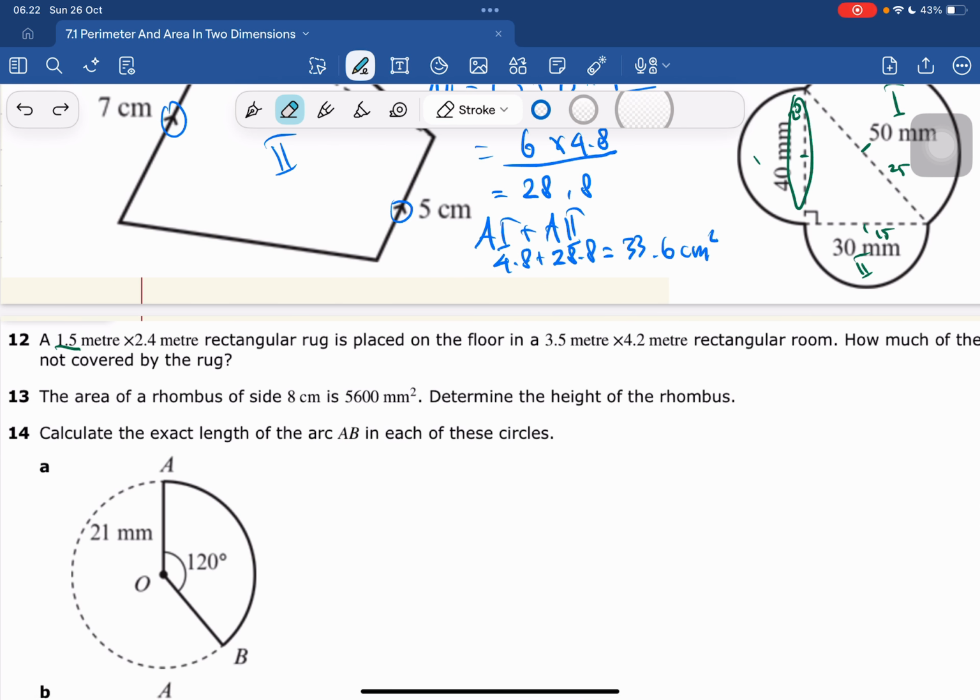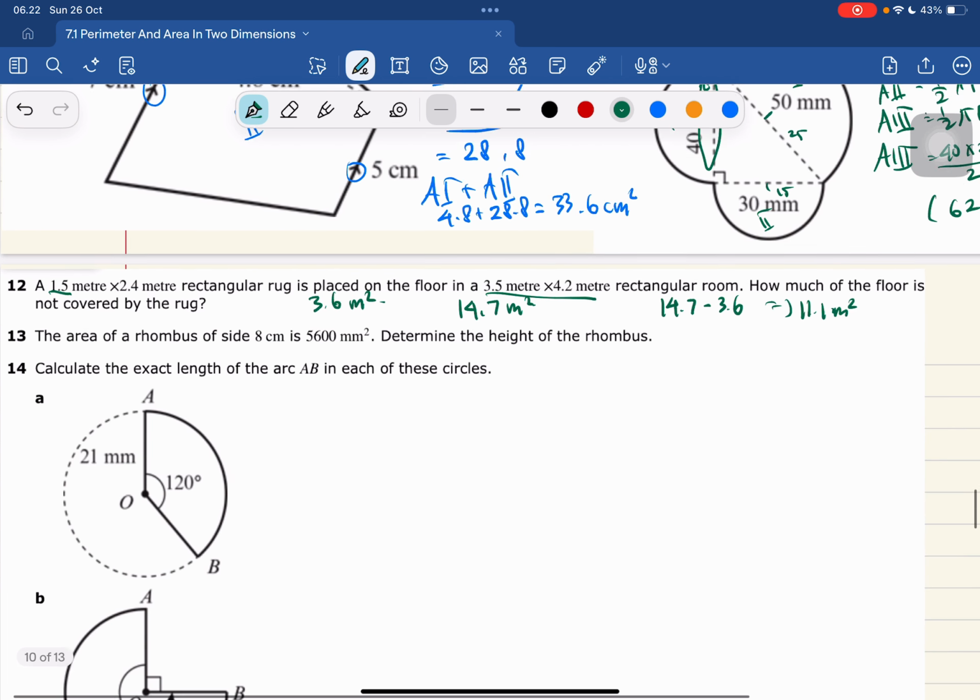Here 1.5 times 2.4 is 3.6 meters square. And for this, 3.5 times 4.2 is gonna be 14.7. So the not covered is 14.7 minus 3.6. So it's gonna be 11.1 meter square, not covered by the rug.